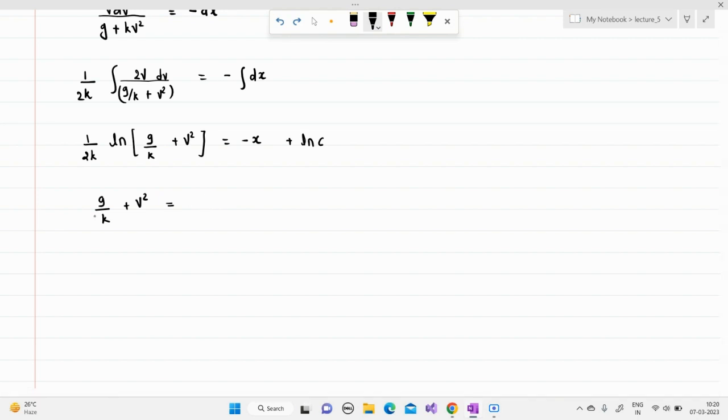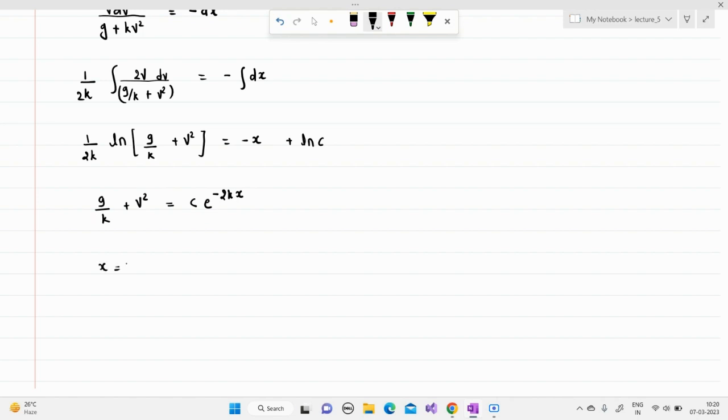I'll get here, let's say c e to the power minus 2kx. Since c is a constant, we can have all the constants together. So finally, now let us try to find the value of c.